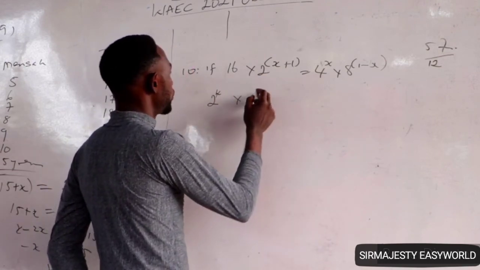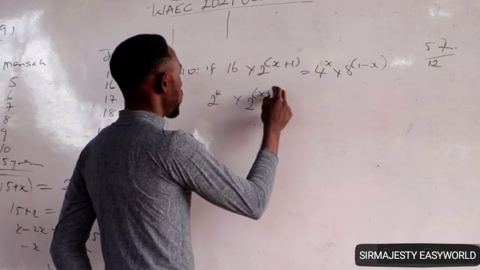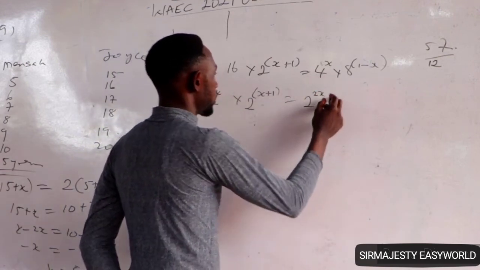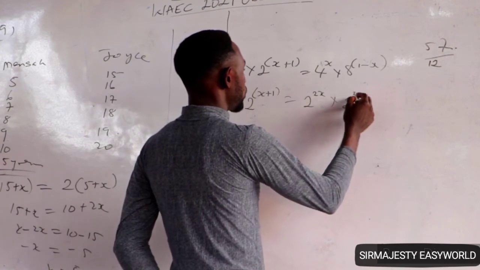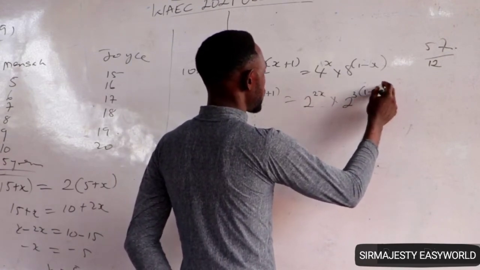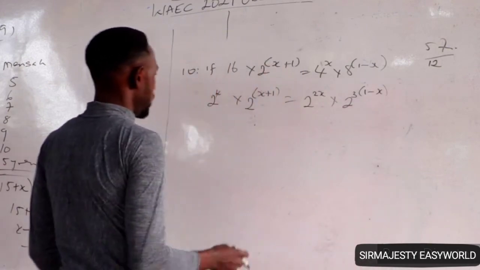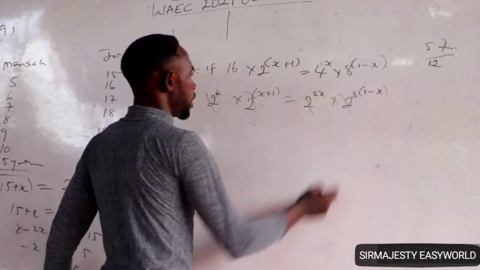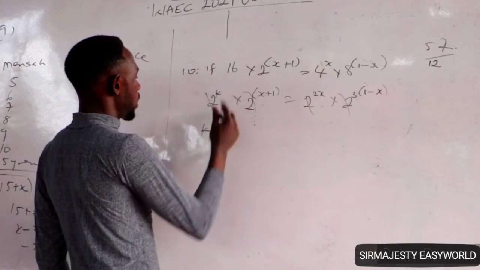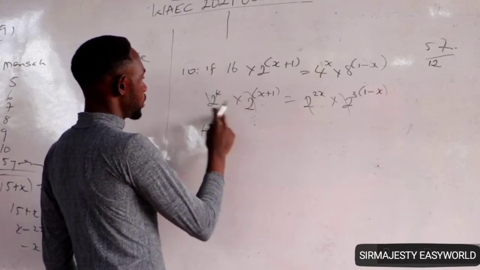Then times 2, which is already there, x plus 1 equal to 2 raised to the power 2x times 2 raised to the power 3, which is the same thing as 8, bracket 1 minus x. Okay, then cancel out. They are in similar base. What we do now is we are now left with 4, where times now is plus.